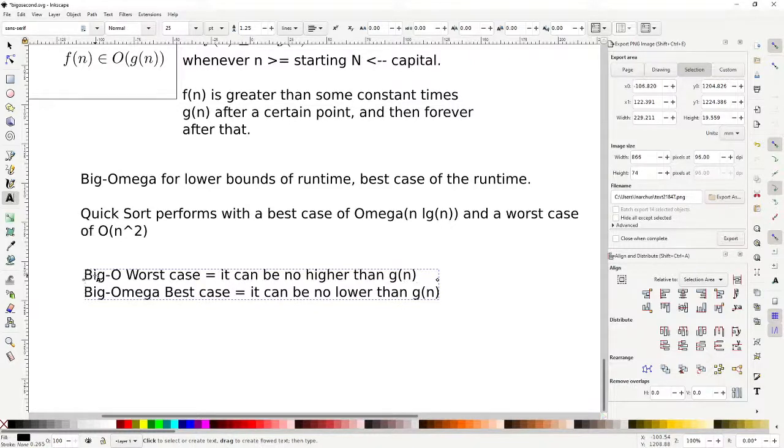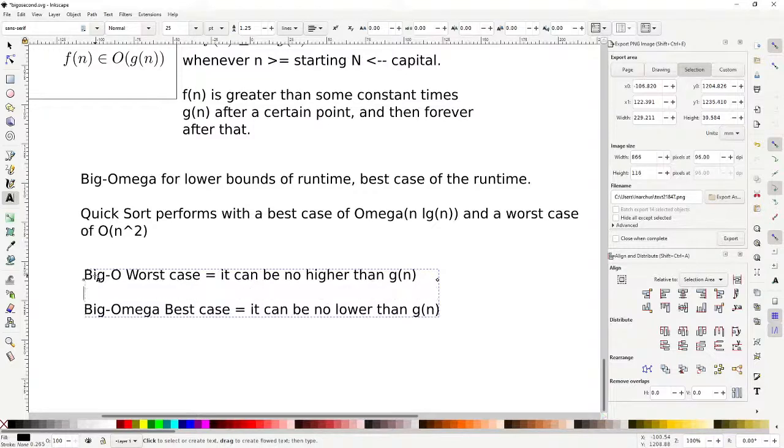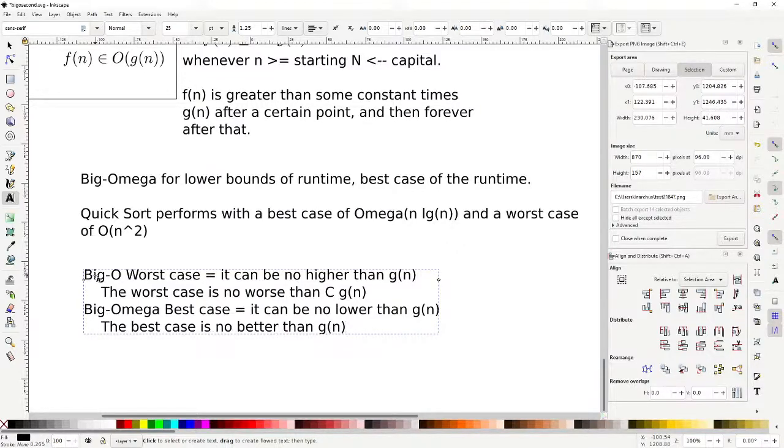So what it means is the worst case is no worse than basically c times g of n. And here the best case is no better than g of n, right? And so that's the way to think about it. And I guess you could also put a c onto that too.